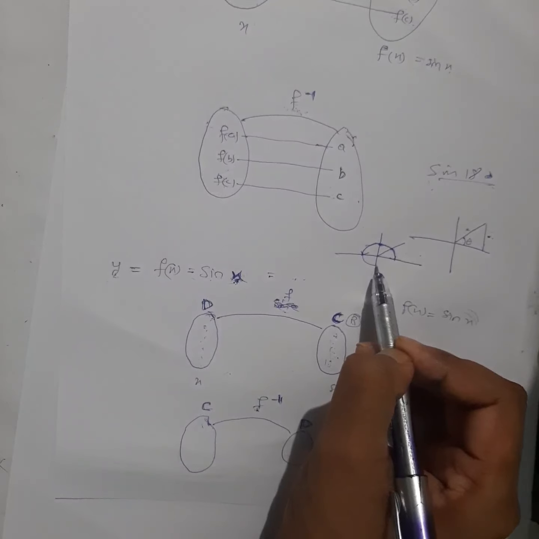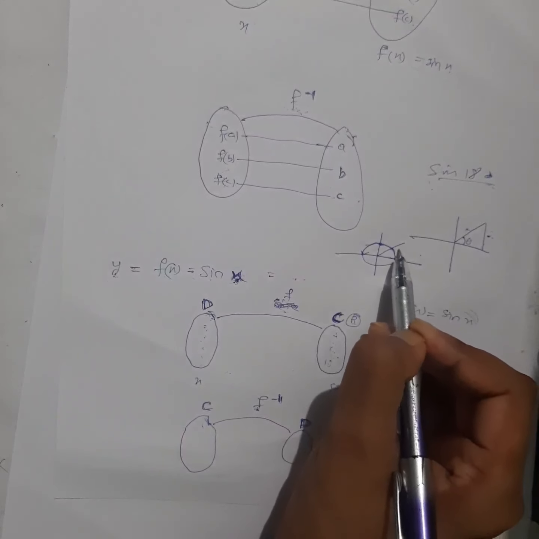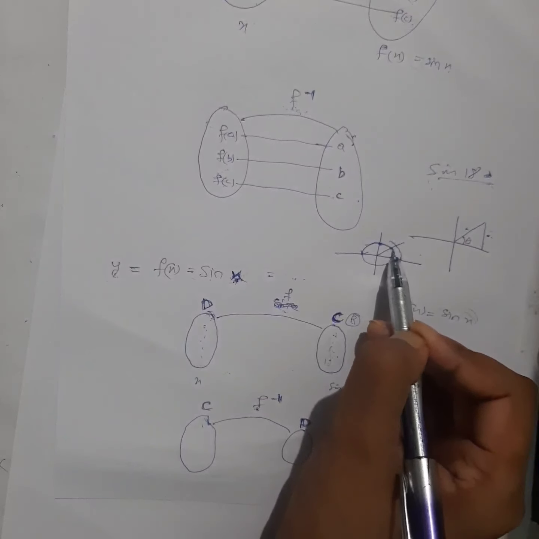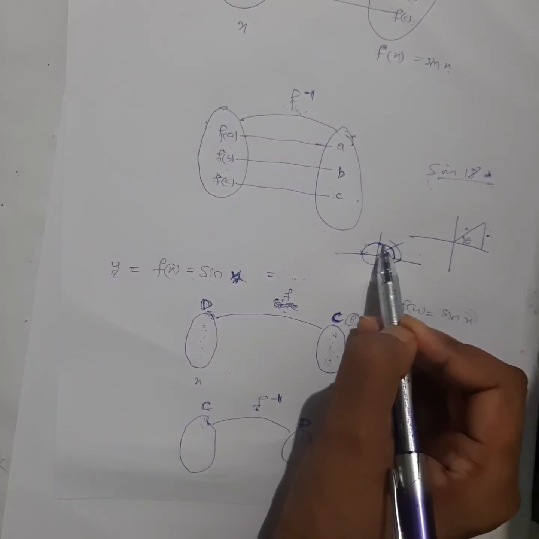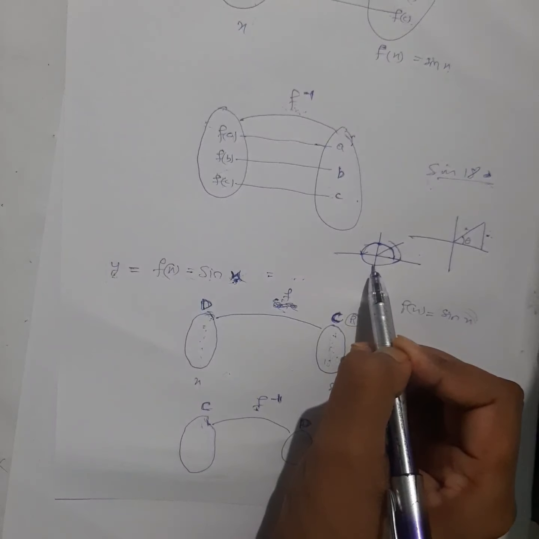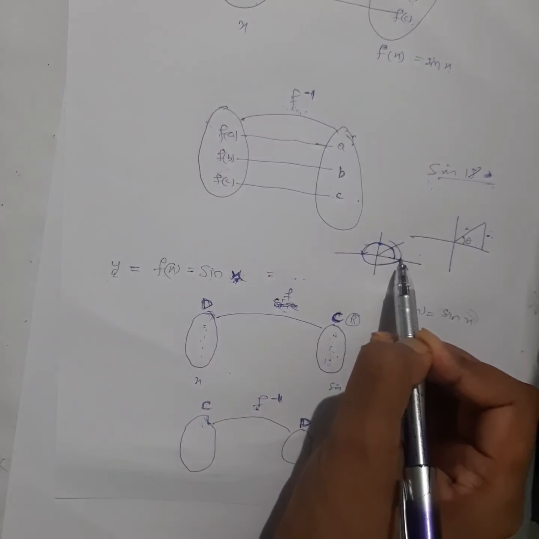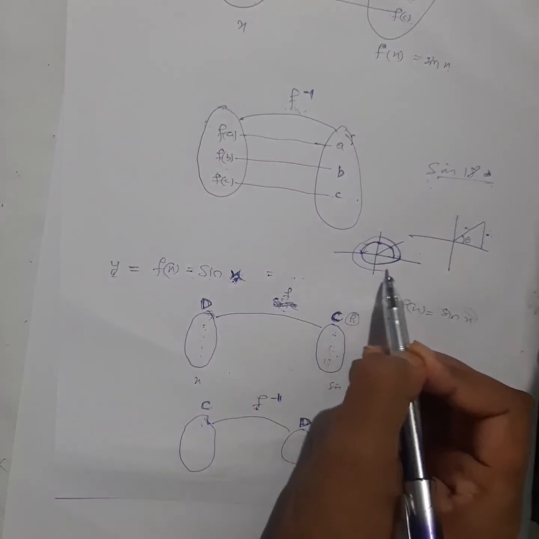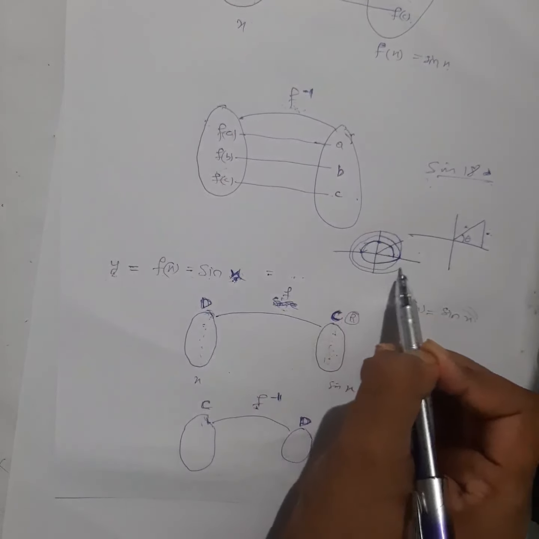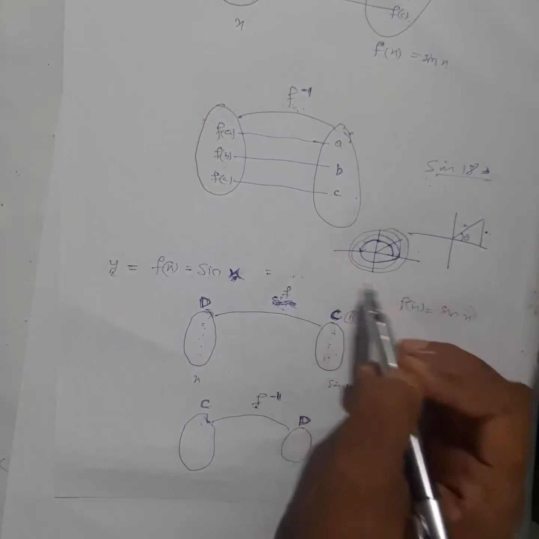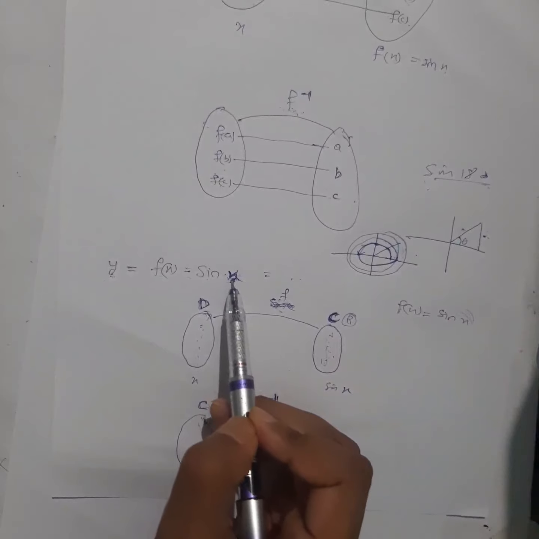Sine 270 also a real value, 360 a real value. Now if you keep on moving around like this, you will get angles that keep getting bigger and bigger. So see, I'm taking all the real values here.